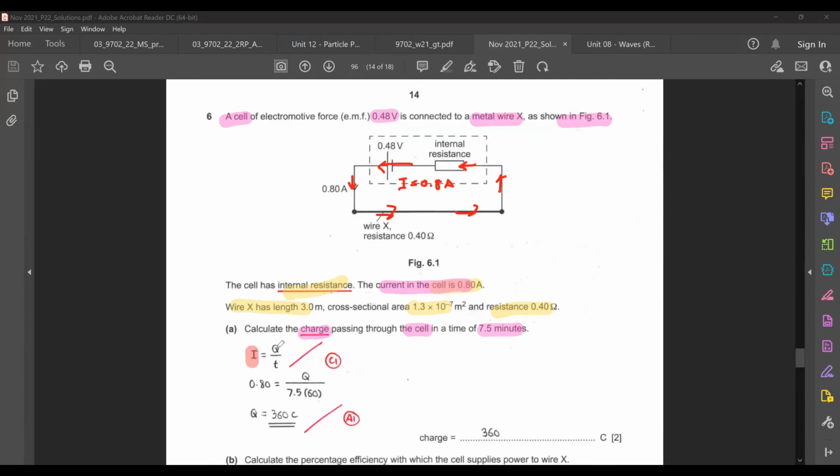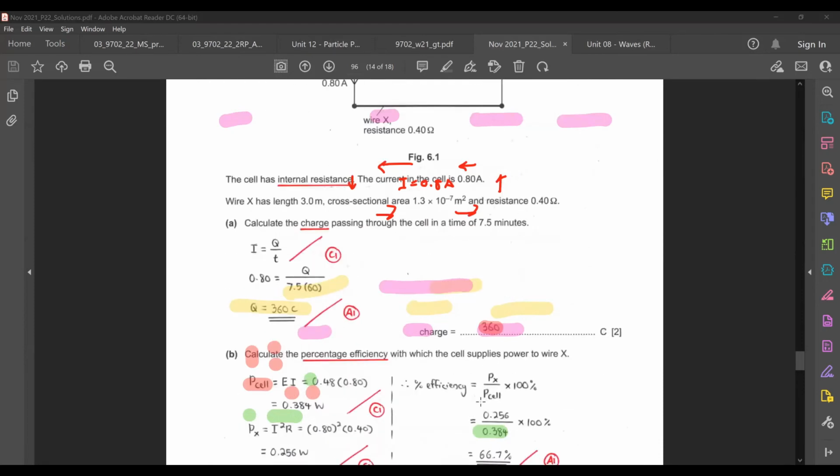You use current is rate of flow of charge. Current is 0.8. Your time is 7.5 minutes. Remember to change it to seconds, so it's 7.5 times 60. Eventually, you will get your Q as 360 coulombs. Just like that. All right. So this one shouldn't be any big issue.